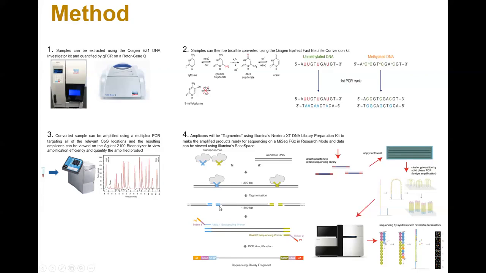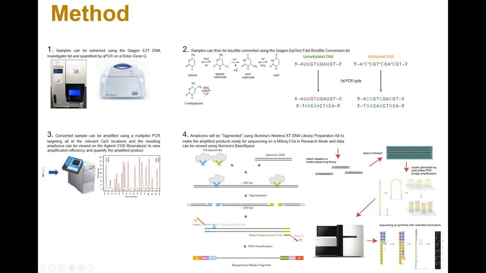These are going to be recognition sites for the sequencing primers and indices and the P5 and P7, which are recognition sites on the flow cell for the Illumina sequencers.